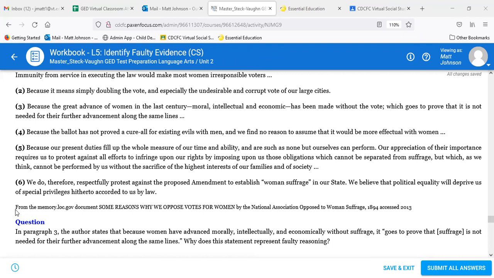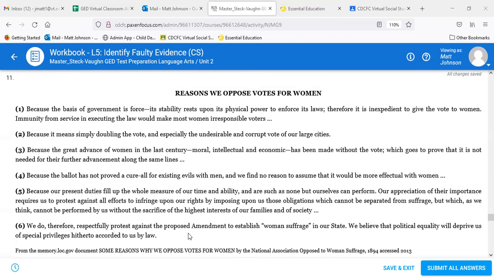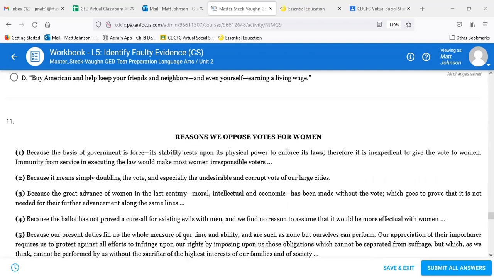This is from one of the government websites, Document Access 2013. So yeah, for just about every rights movement, you have a movement that's opposed to it. I'm sure this was just a bunch of great people here. So, reasons we oppose votes for women.